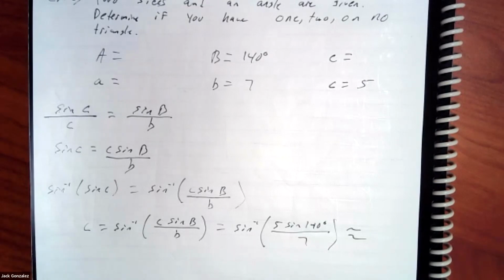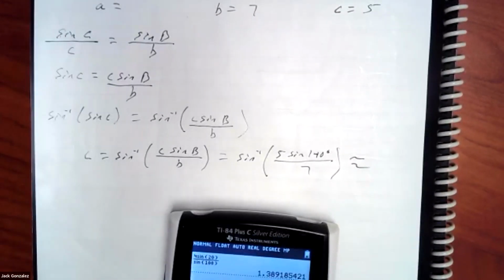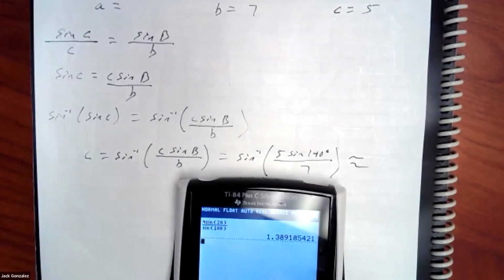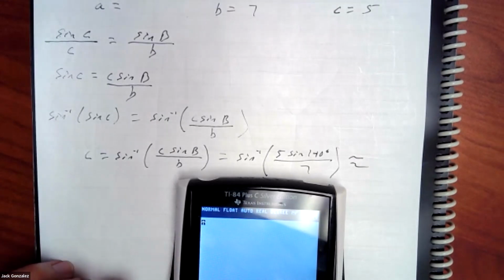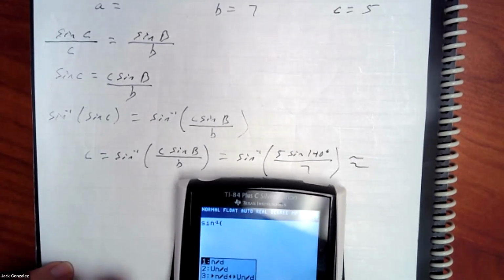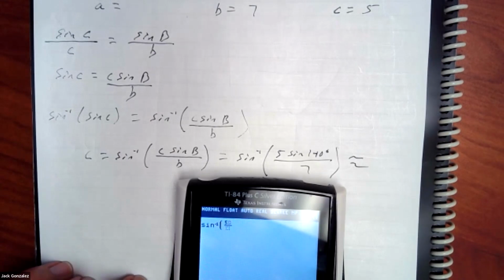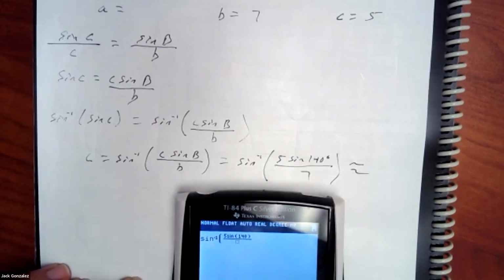All right, let's punch it in. When you find the solution, you're going to have to find the second one by subtracting from 180. Second, sine inverse, let's use the fraction button, make it a little prettier. 5 sine 140 over 7.